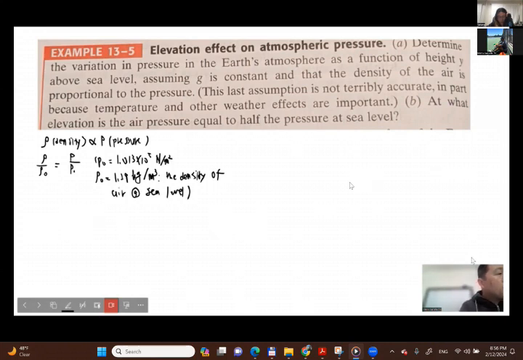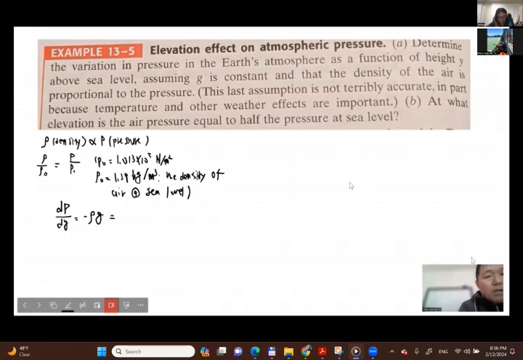First of all, we know that the fractional pressure change as a function of height is minus density times the gravitational acceleration constant g.